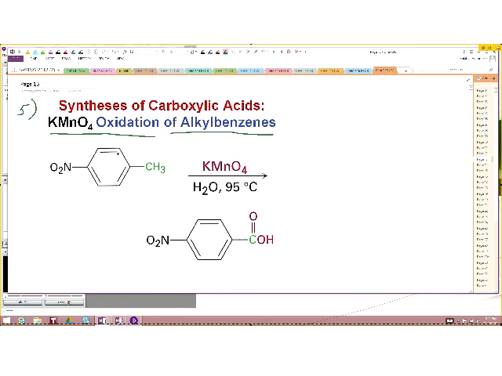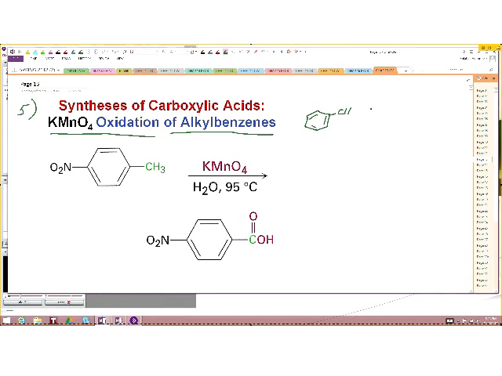Anytime you have an alkyl group attached to the benzene structure and you take potassium permanganate, it will oxidize the carbon that is attached to the benzene ring to a carboxylic acid. Say, for example, just to give you a couple more examples, it does not matter how long the alkyl group is.